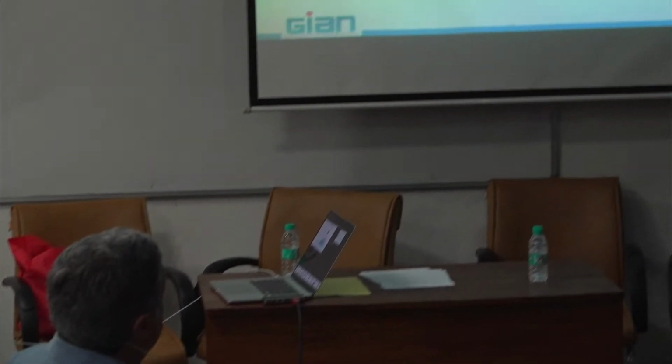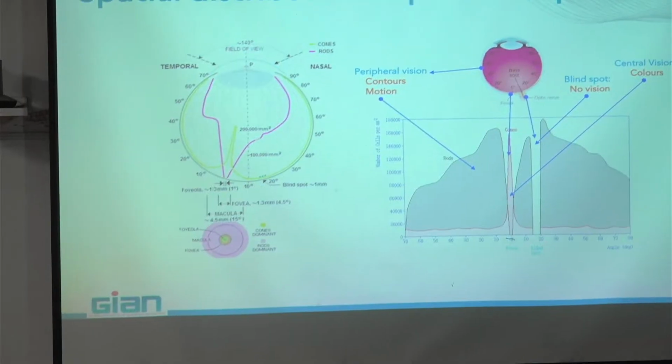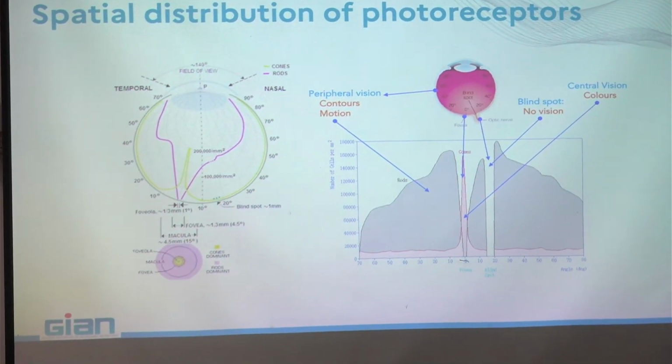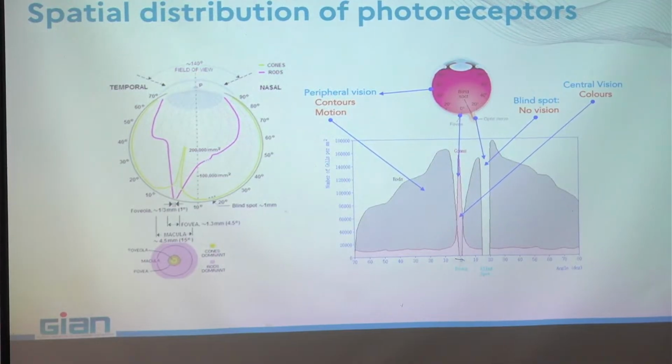That means the nerve passes in the front of the eye and goes out, and at the place where the nerve comes out from the eye, there are no cones and no rods. It's a completely blind spot.